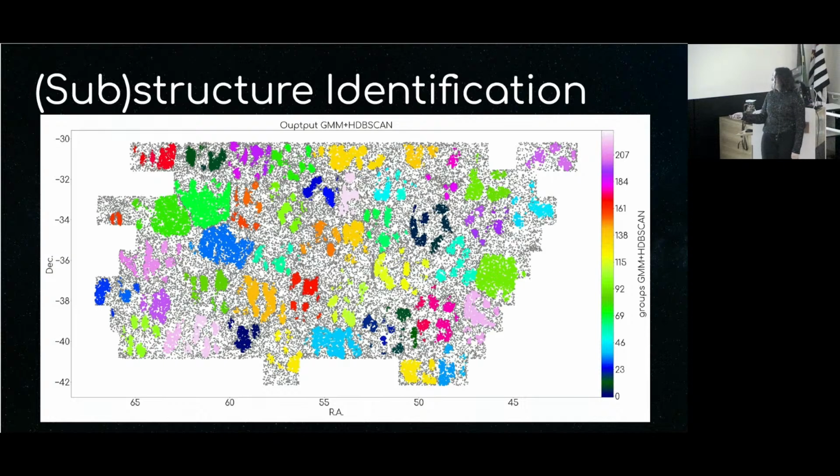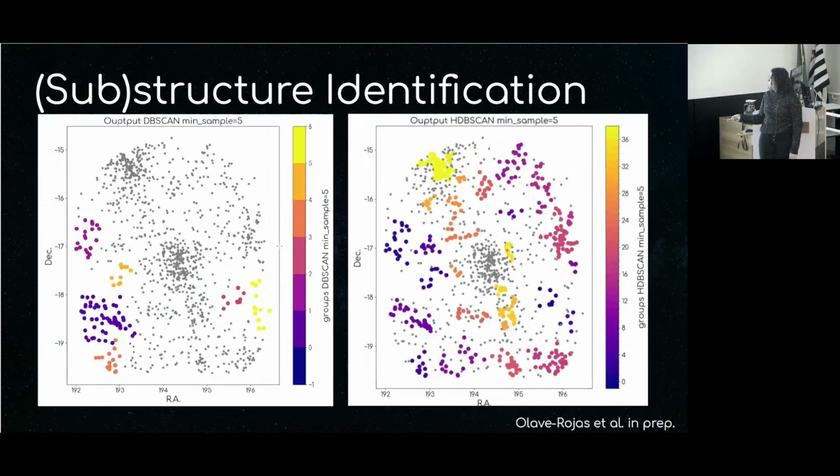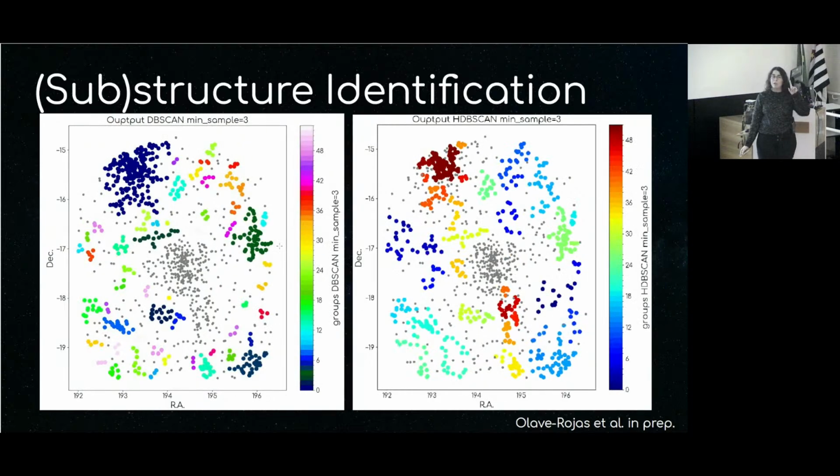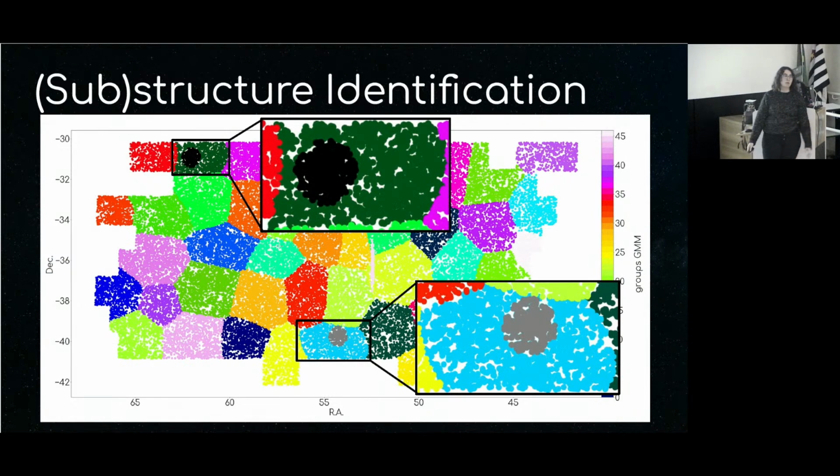However, when you use the Euclidean or Haversine metric in the case of one single cluster, you obtain the same result. It is important to change to the Haversine metric when you work with a large area in the sky.